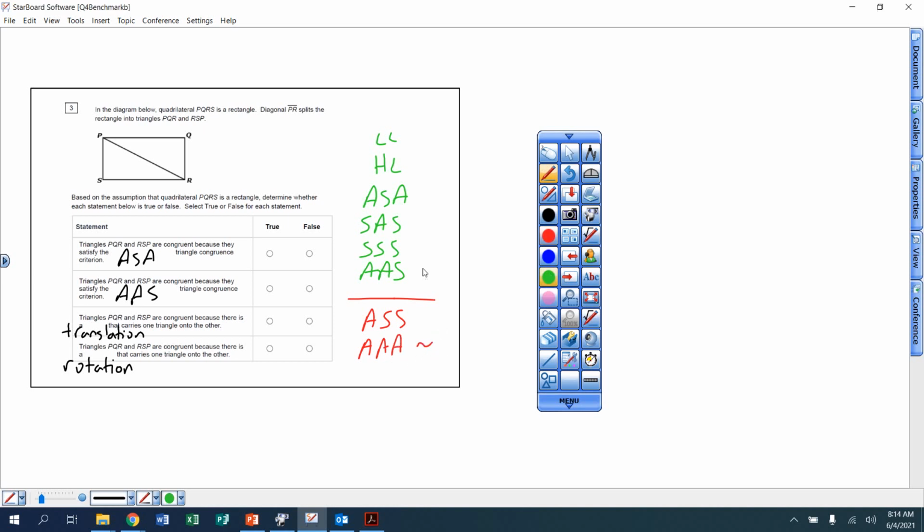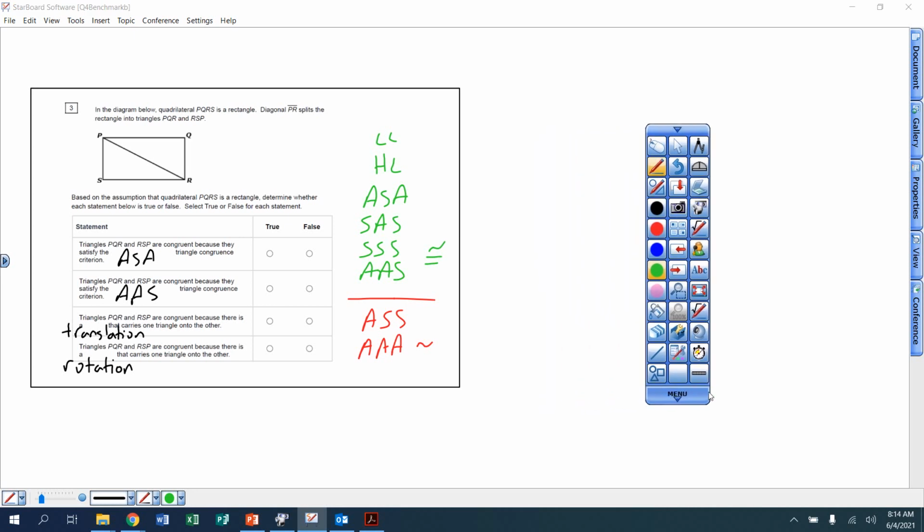All of these are congruent. And then note the other ones. For the movements, only the rotation is good. All the other ones bad. Reflection, translation, and then dilation.